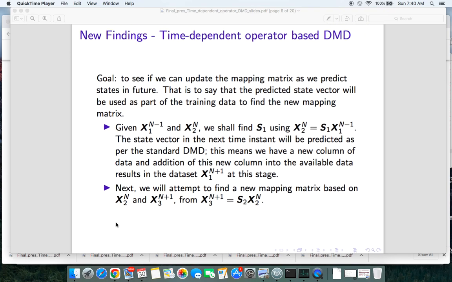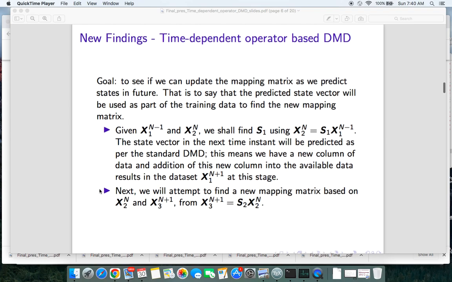Time-dependent operator-based DMD. So we have already noticed that in the standard DMD, the mapping matrix stays constant. However, if we want, we can make that mapping matrix or operator time dependent.